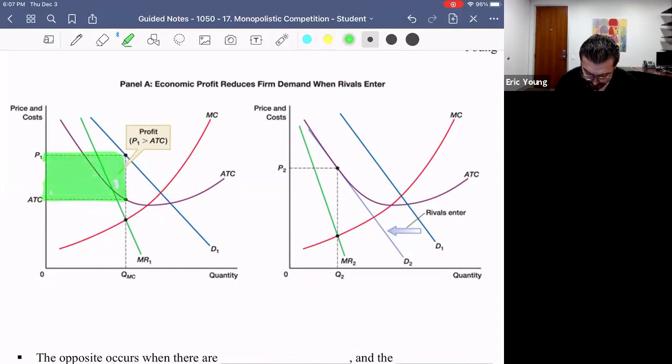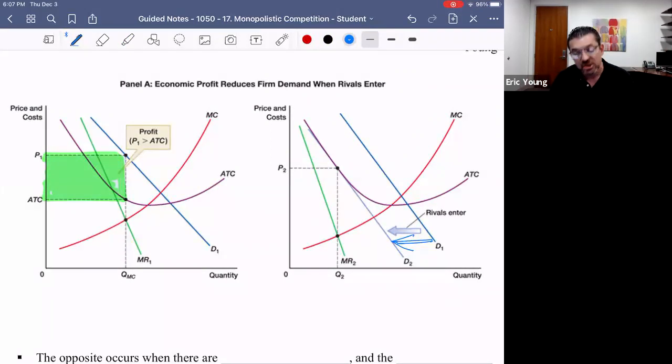But this profit is going to lead to the entry of new firms. And for this existing firm, what's going to happen, let's look over here at this panel on this side. What's going to happen is rivals will enter, and that will eat into the market share of existing firms.